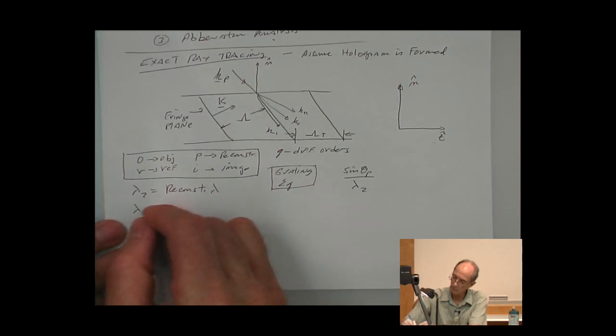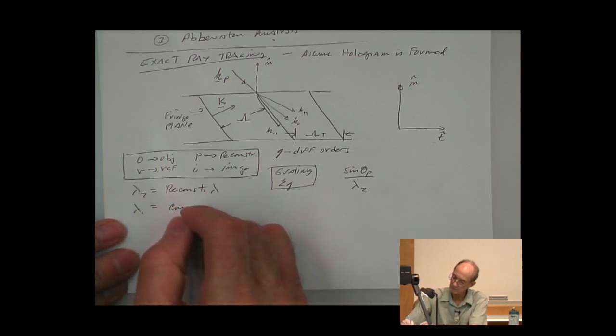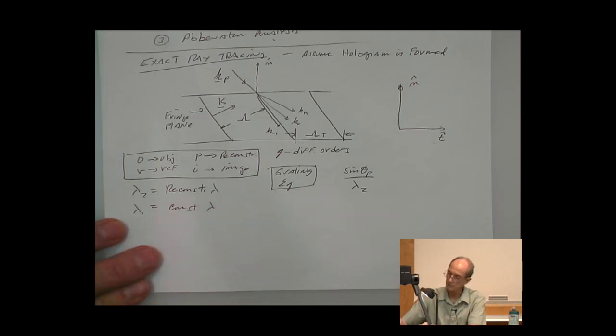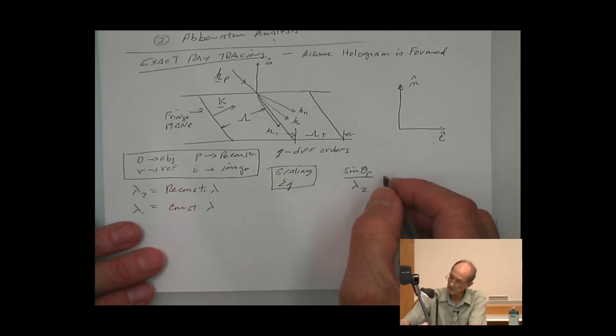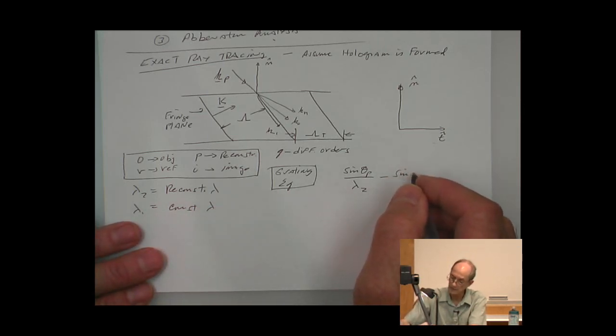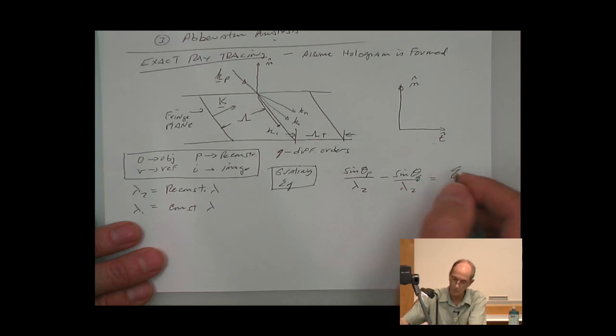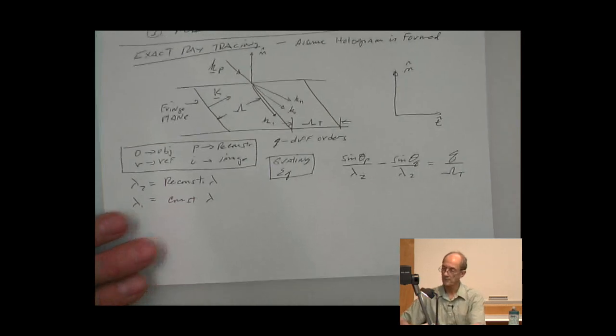And of course, lambda 1 will be the construction wavelength for this process. And then, using our grating equation, sine of theta q for different orders over lambda 2 is going to be equal to the order q over lambda sub t.